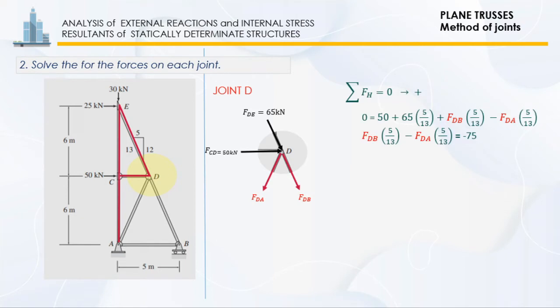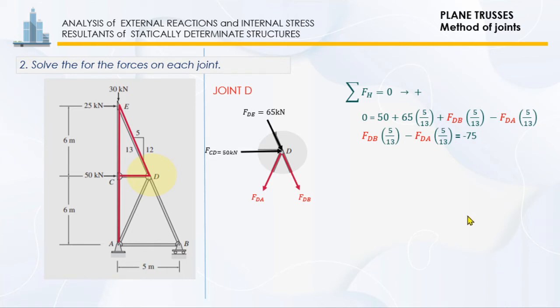So, taking a summation of forces horizontal is equal to 0. We have this equation: FBD multiplied by the slope of 5 over 13 minus FDA, its slope of 5 over 13, is equal to negative 75.